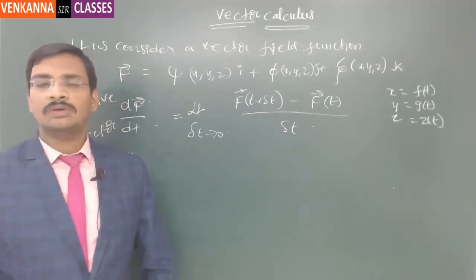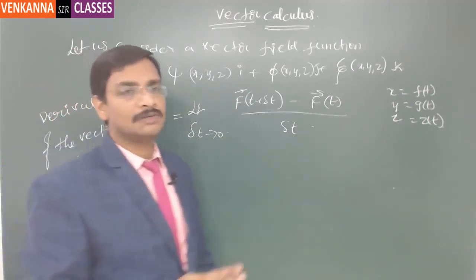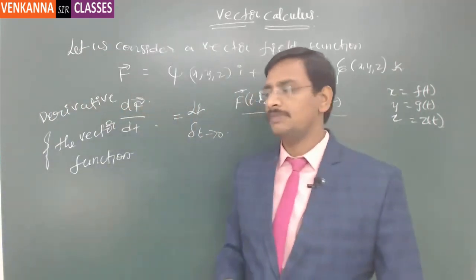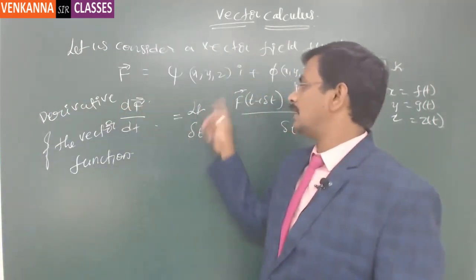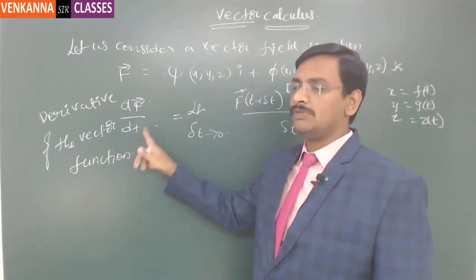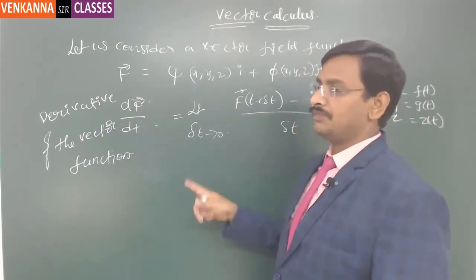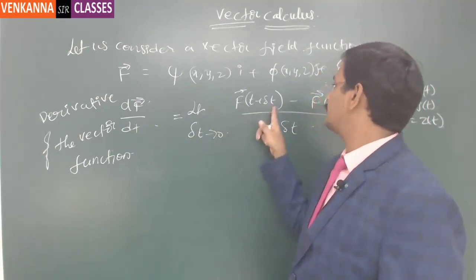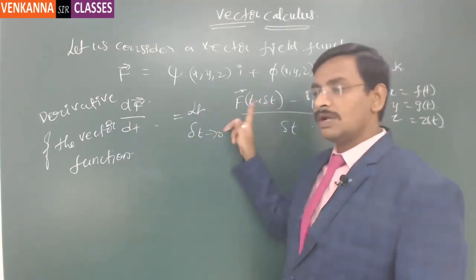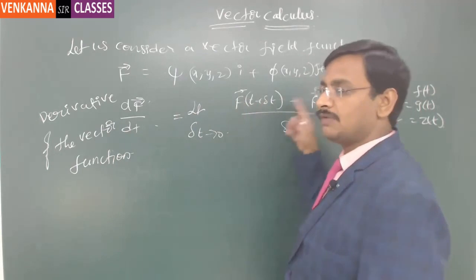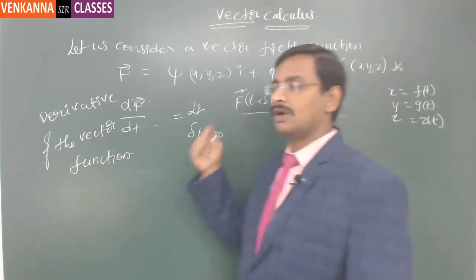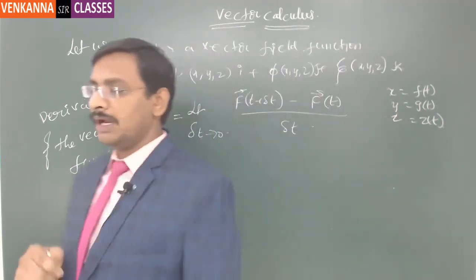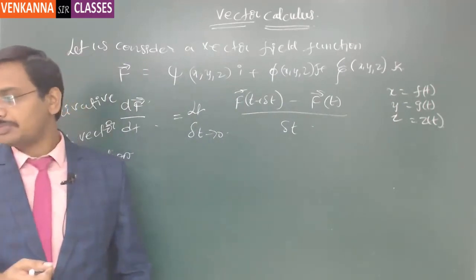This is what is defined as the derivative of the function with respect to time, right? The fundamental principles of calculus will not make any difference here. If the variable is selected and you want the derivative with respect to t, it is the limit of f of t plus delta t minus f of t, where f is a vector field function and its direction at time t plus delta t, right?